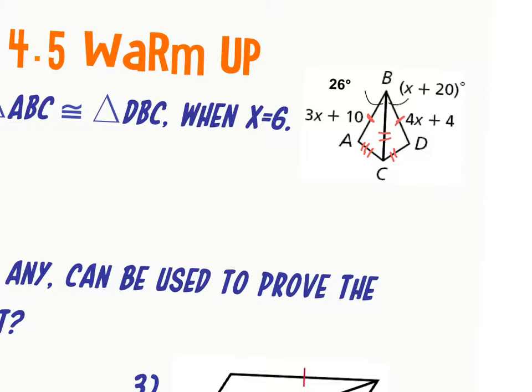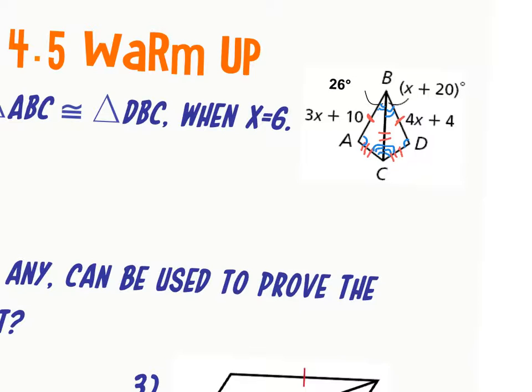And AC matches CD. So I know that about the sides, and then about the angles, angle A would match angle D. Angle ABC would match angle DBC. And angle ACB would match angle BCD. So knowing that they're all congruent, you would know all that information, okay?